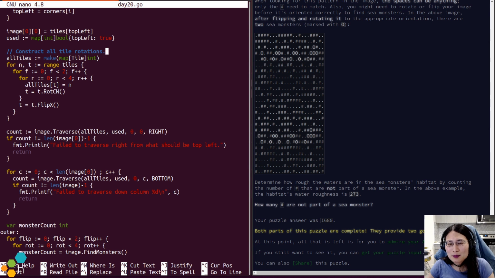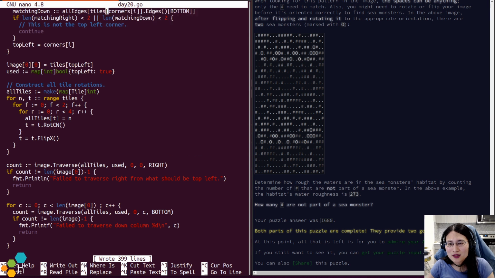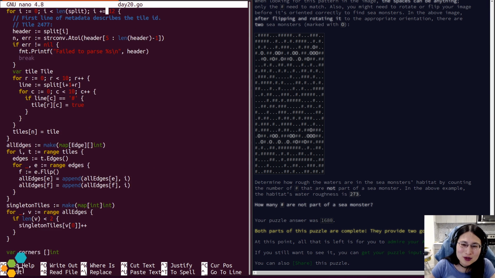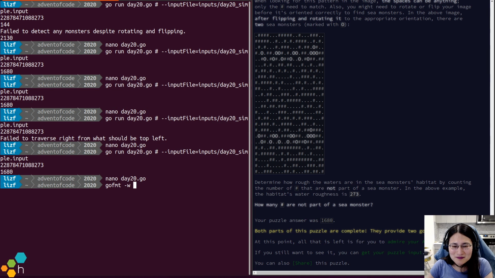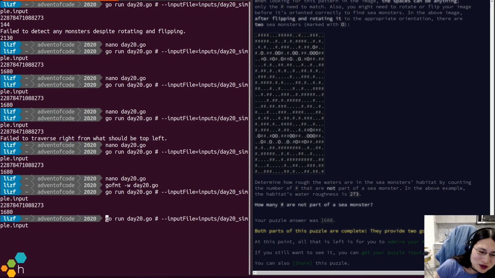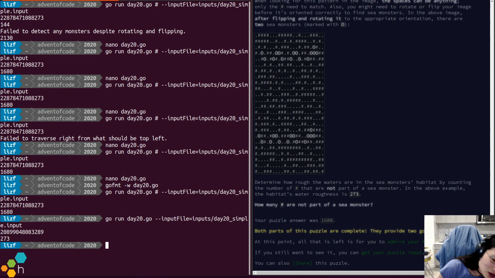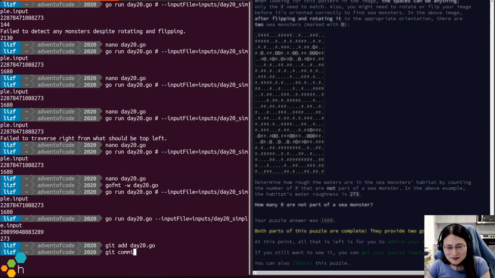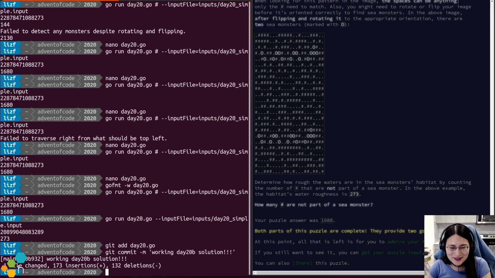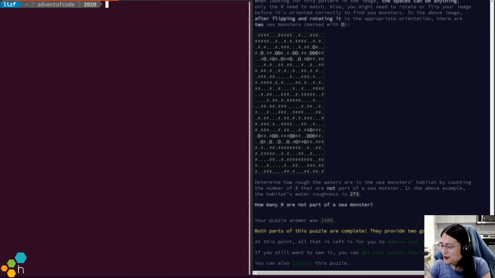I could define a separate function to construct all tile rotations, but I'm probably not going to bother. You can see what I'm doing. Just make sure that continues to work, which it does. Yep, 273. You can tell I'm excited because I used exclamation marks in my commit message.